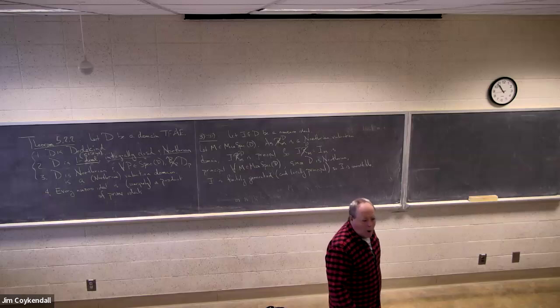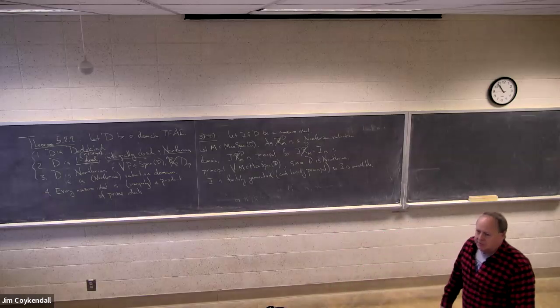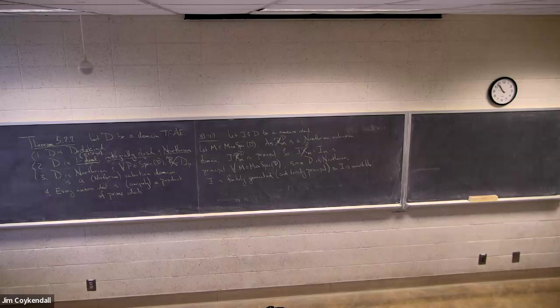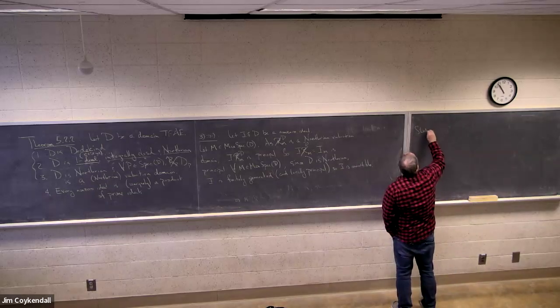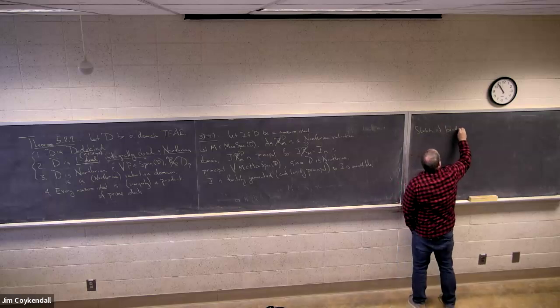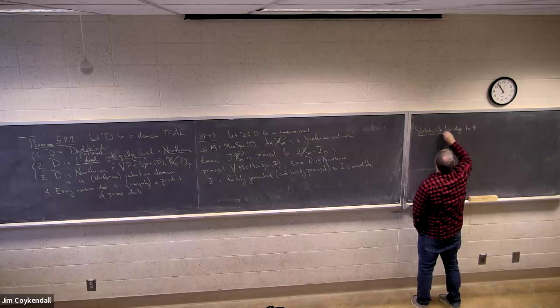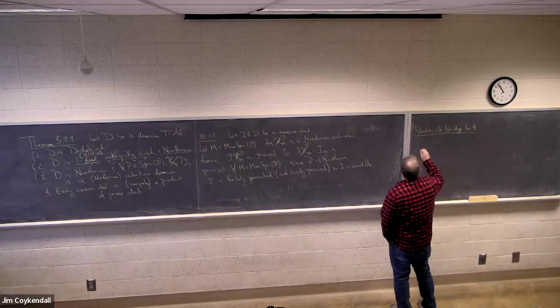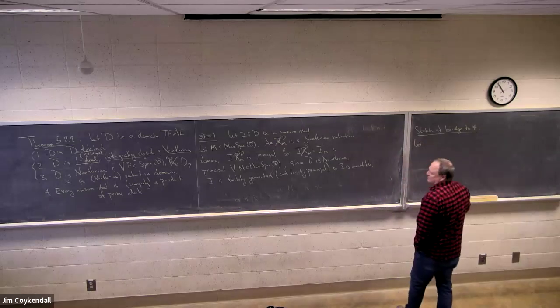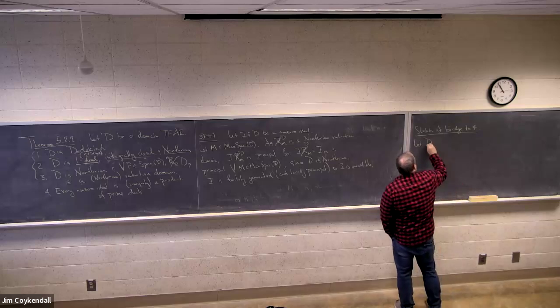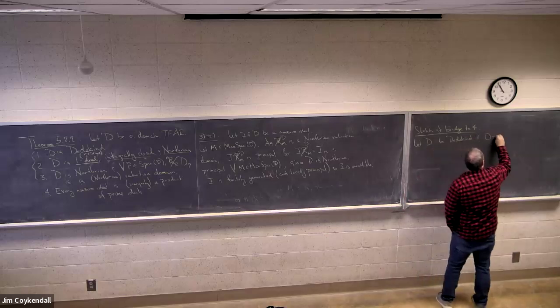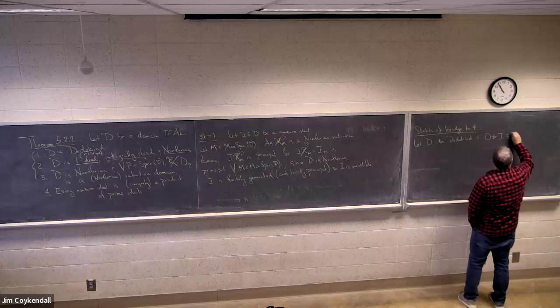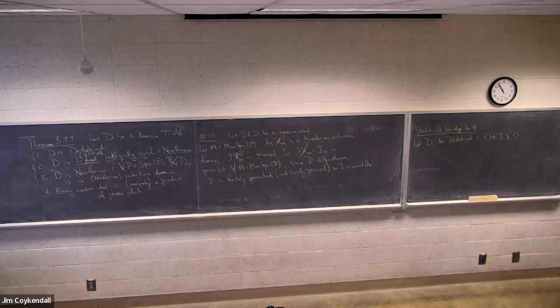Suppose I have a Dedekind domain. Why is it true that every ideal is the product of prime ideals? Somebody describe the process.